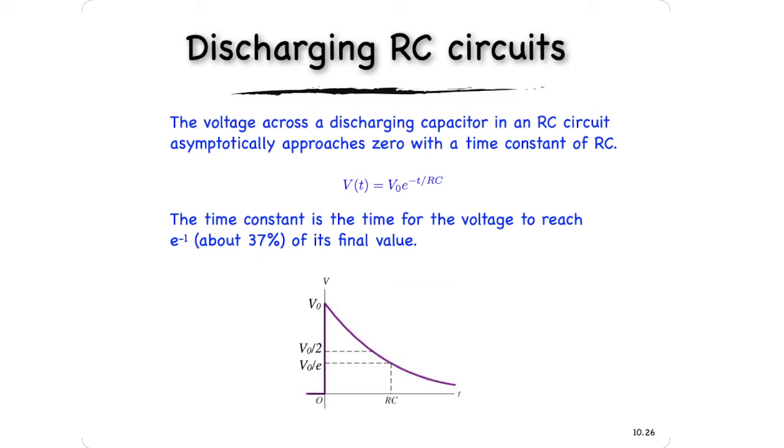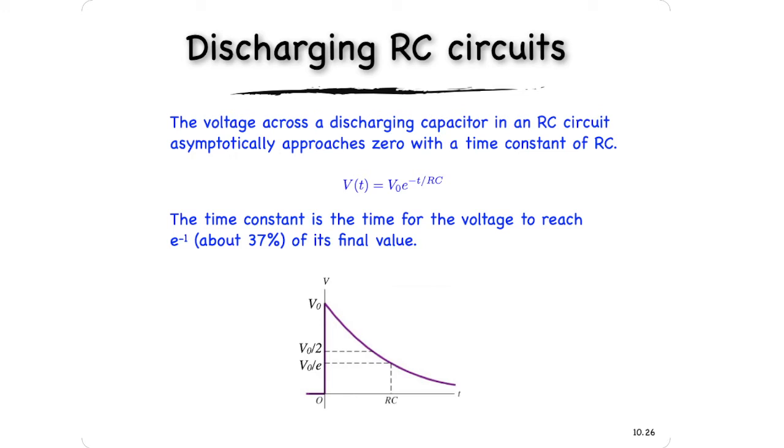So if I want to talk about how fast it decays, I can define the RC time constant as the time it takes to decay to 1 over e of its final value. It's about 37%. So in both cases, we're getting to about 1 over e, or 37% of the final value.